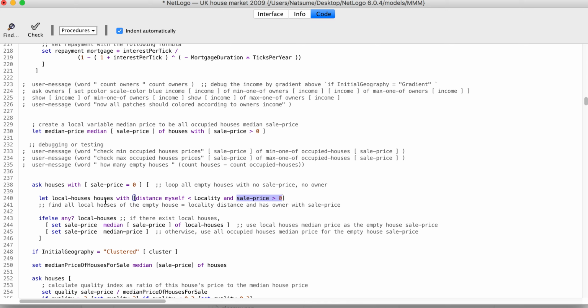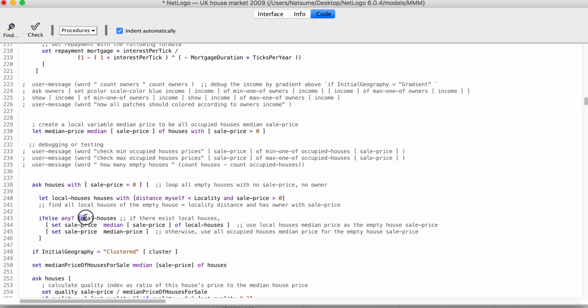And then we get the occupied houses with a sale price and within a certain distance, we consider them to be local houses. And if local houses do exist, then we will use those local houses' sale price, the median value of their sale prices, and use this median value to be the empty house sale price.